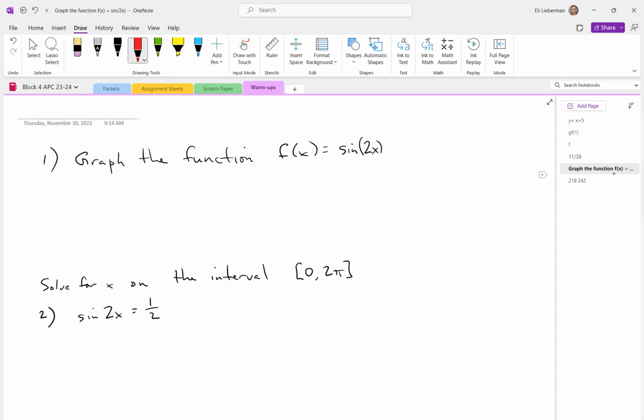What two periods? Two periods. Here's my graph.